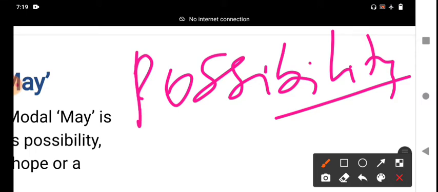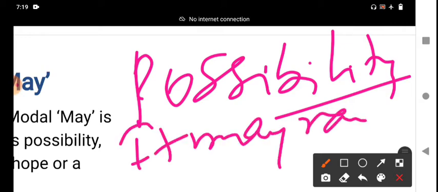Based on the subject, either singular or plural, first person, second person or third person, the basic structure of the word does not change. In main verbs, they may change based on the person or the tense. That is entirely different. But for a modal verb, for example, it may rain.